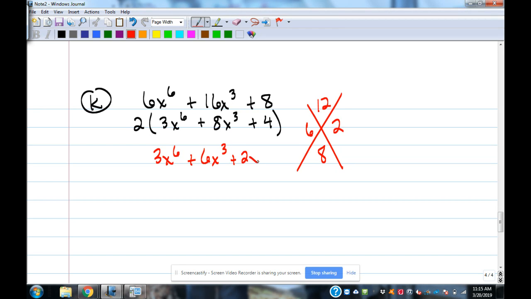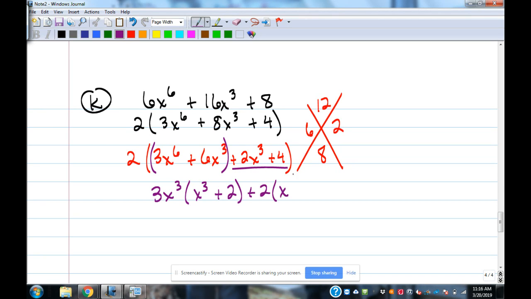Plus 2x cubed plus 4. And then I'm going to group that. So 3x to the 6th and 6x to the 3rd have what in common? 3x to the 3rd, leaving x cubed plus 2. And then the second pair has a GCF of 2, leaving x cubed plus 2.